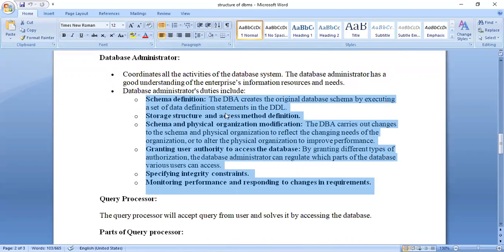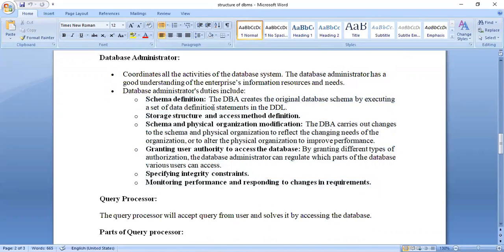The first is schema definition. Schema is nothing but the structure of the database. In database terms it is called schema; in literal terms it is called structure. So schema definition means the definition of the database structure.